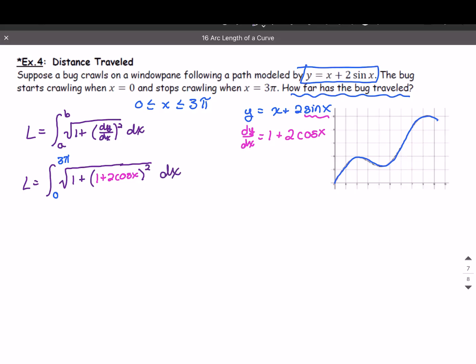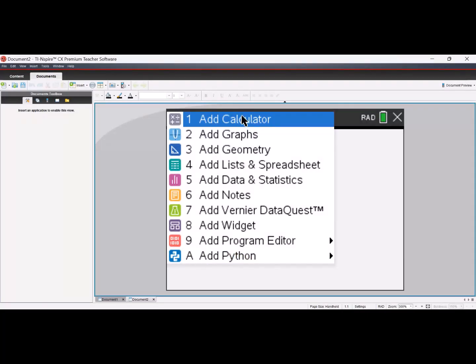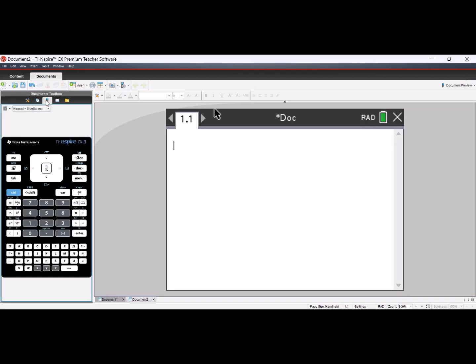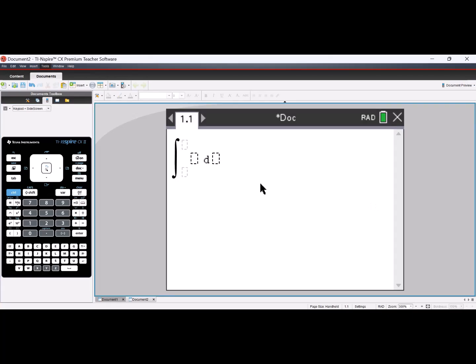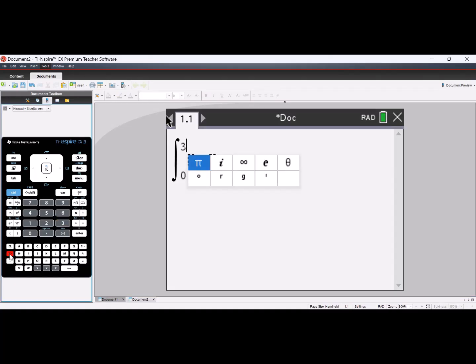Now you can just toss that into your calculator, and we'll do that right now. Let me get my calculator. We are doing the integral, so we go to our template key. Oh, look at that, it's highlighted, the definite integral. We're going from 0, tab, to 3 pi, so 3, then the pi key.